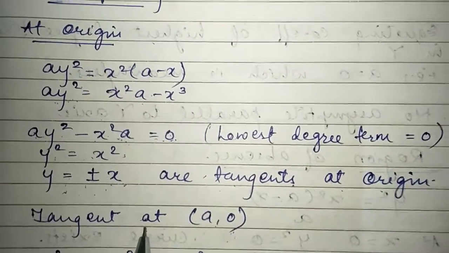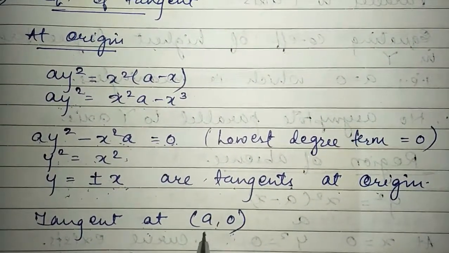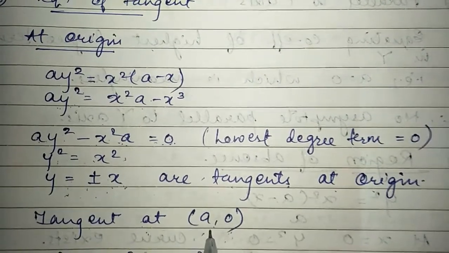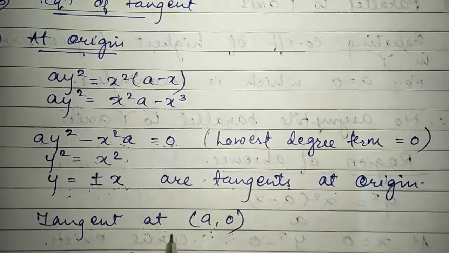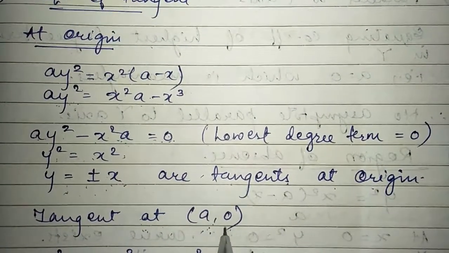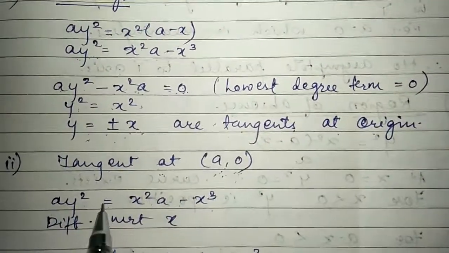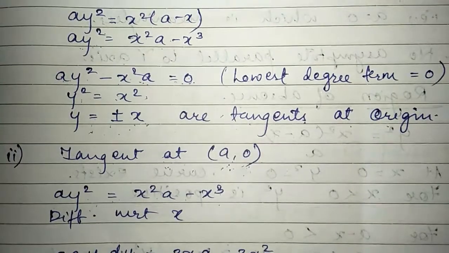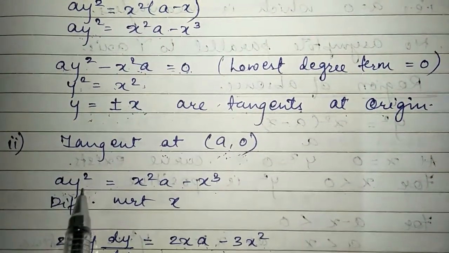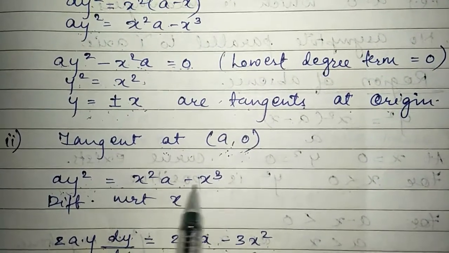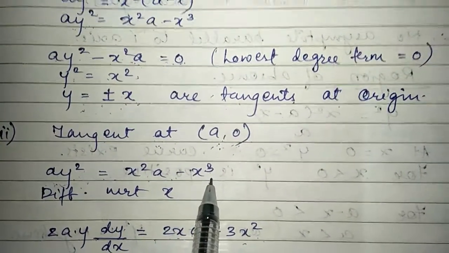Now, we also know that the curve intersects the x-axis at (a, 0). This is known as the special point. Now, we have to find the tangent at this special point, that is (a, 0). For that, we'll differentiate the given equation with respect to x. So we have ay² = ax² − x³.